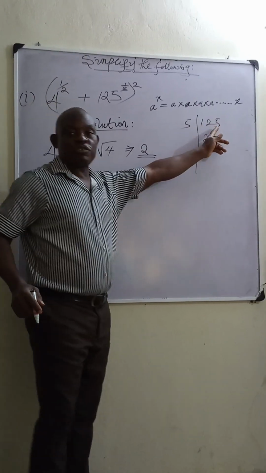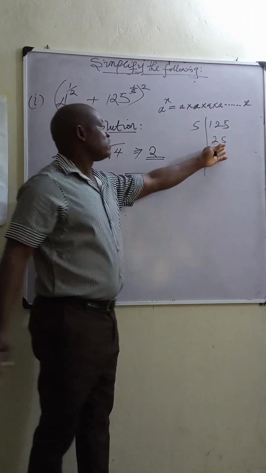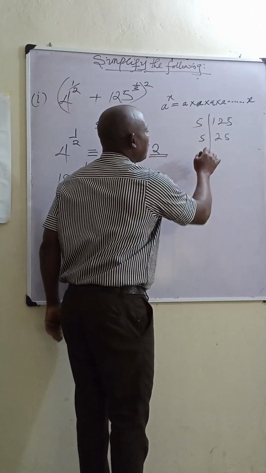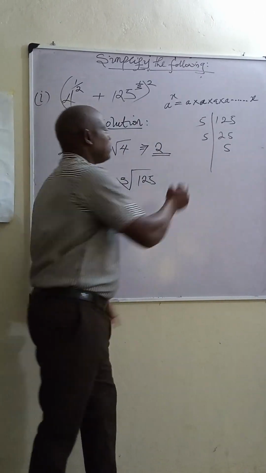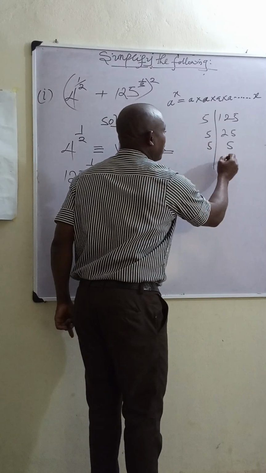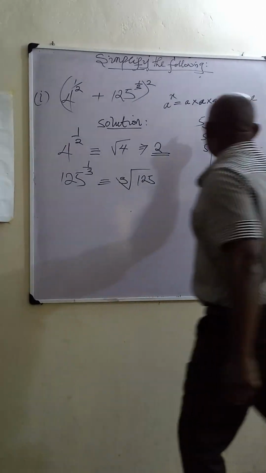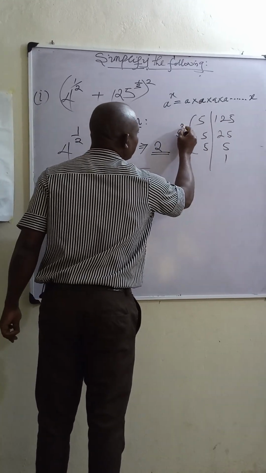So 5 divided into 25 gives you 5. What other factor can go? 5. 5 divided into 25 is 5. What can go again? 5. 5 divided by 5 is 1. Is there anything that can divide again? No. So this is 5 raised to the power 3.